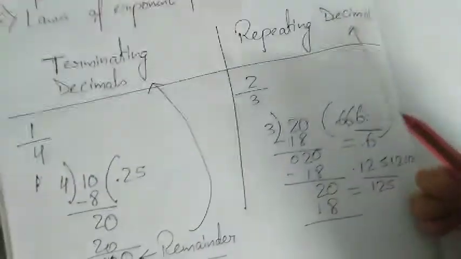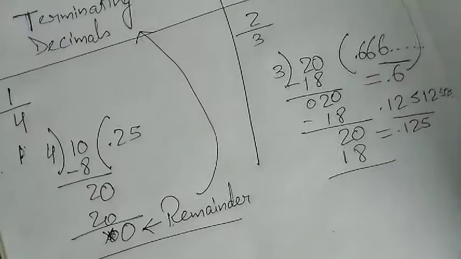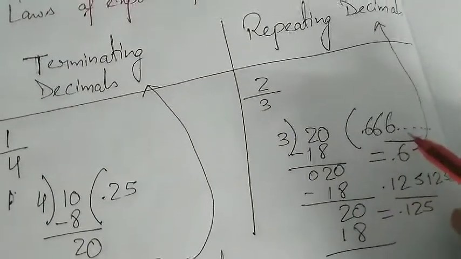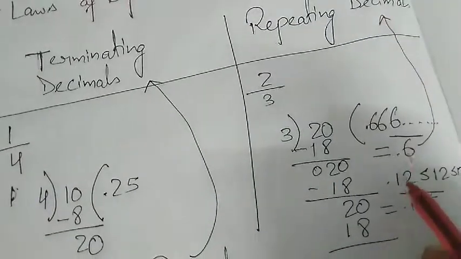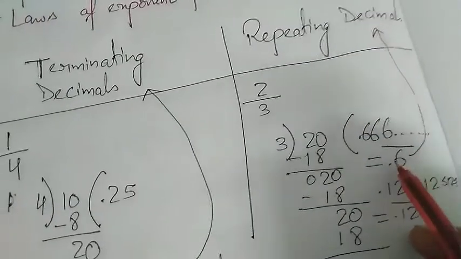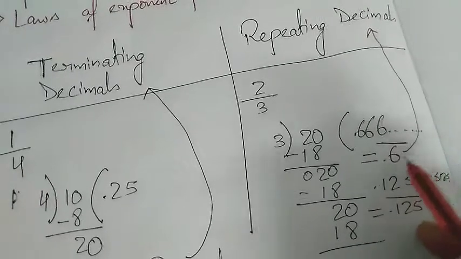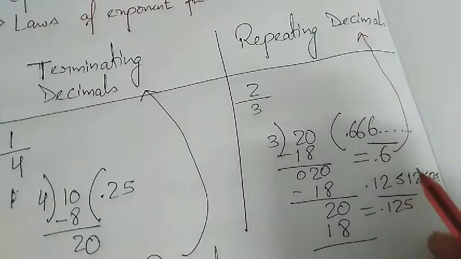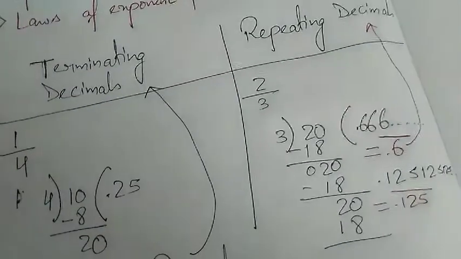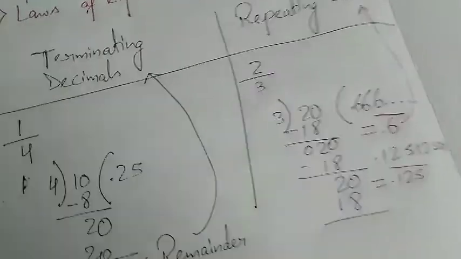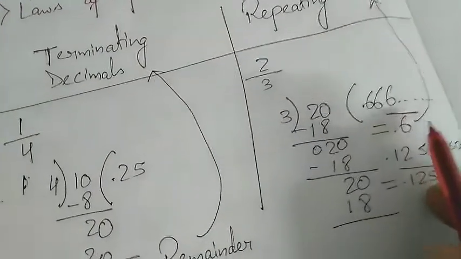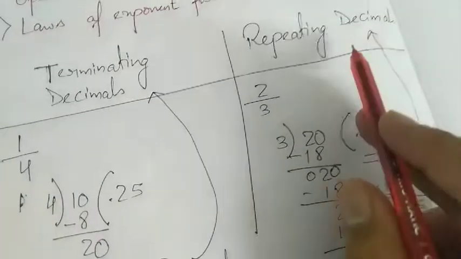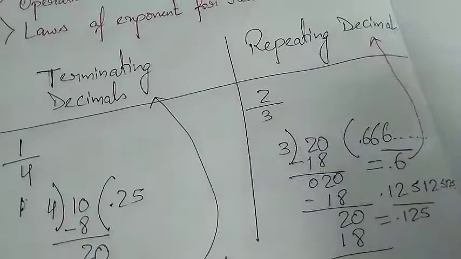If the decimal does not come to an end, or the same digit or the same set of digits repeats, like 0.125, 125, 125, then either a set of digits or one digit repeats n number of times and it is not ending. In that case, that decimal is a repeating decimal.